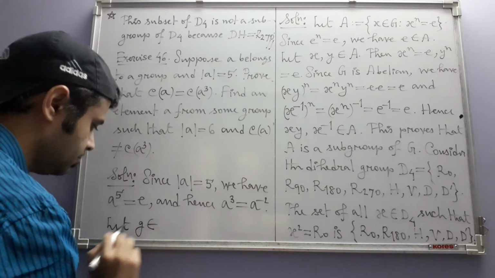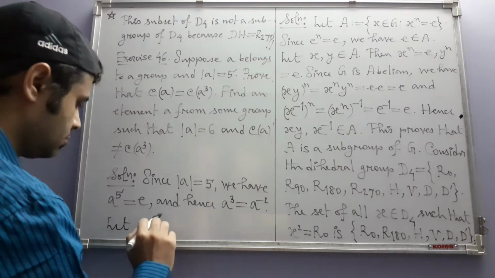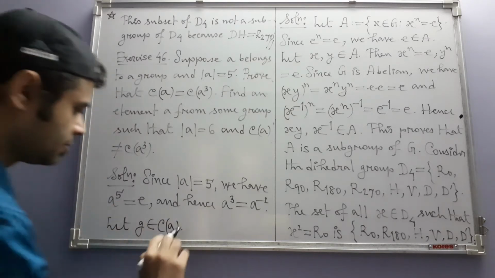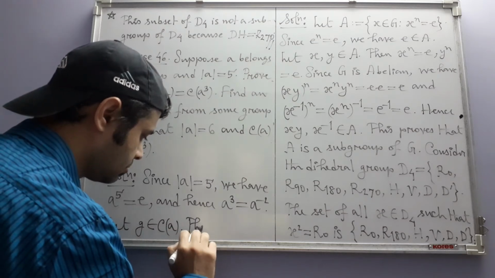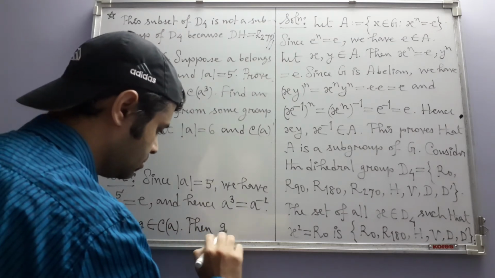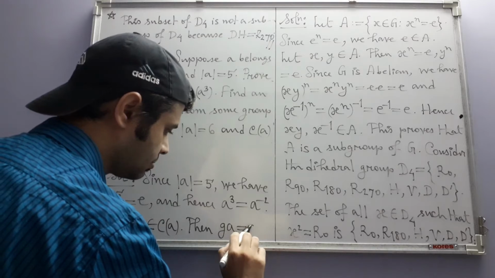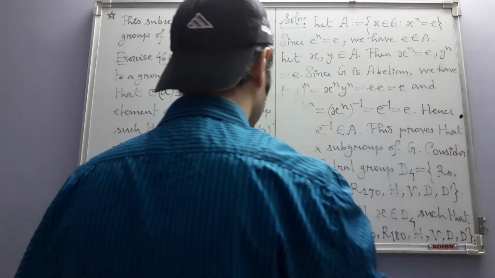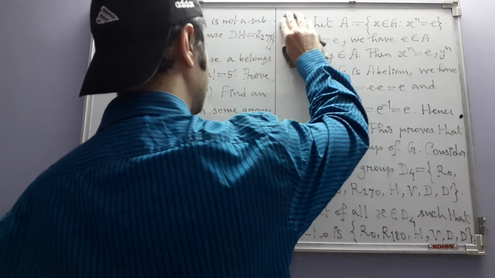So let g belong to the centralizer of A. Then g commutes with A, so automatically g will also commute with A cube.